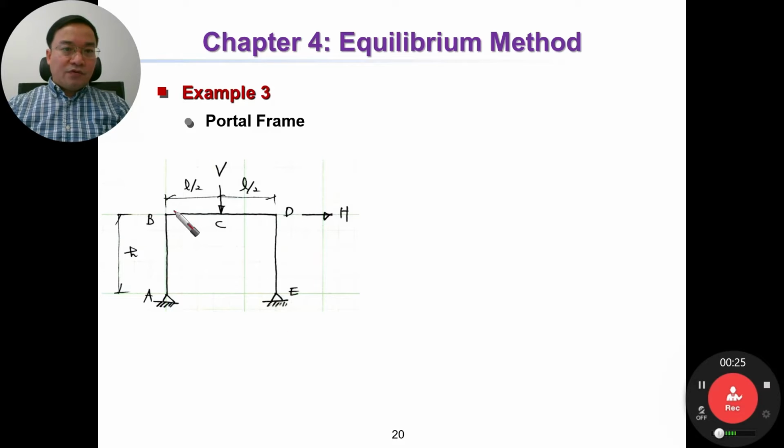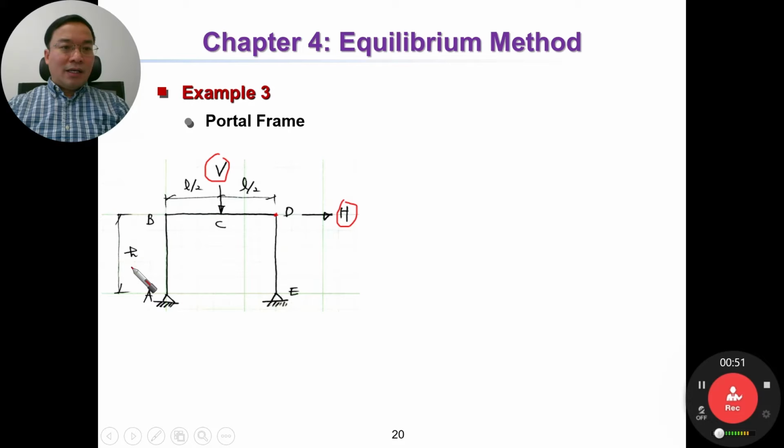This is a portal frame under the vertical load V and the horizontal load H. At the middle of the beam BD is the vertical load, and at D the horizontal load. So we have two loads, vertical and horizontal.